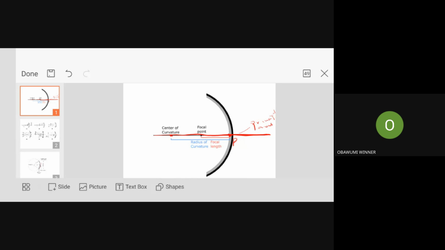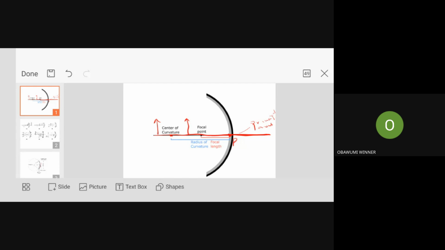Now, the point is that the images that are formed on this concave mirror depend on the position of the object. If I keep an object here and I keep another object here, the places where their images will be formed will look very, very different.